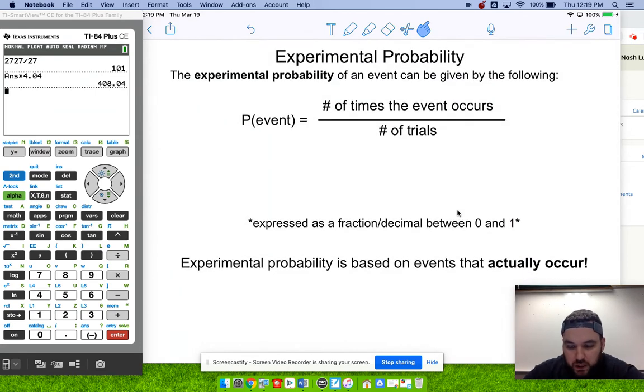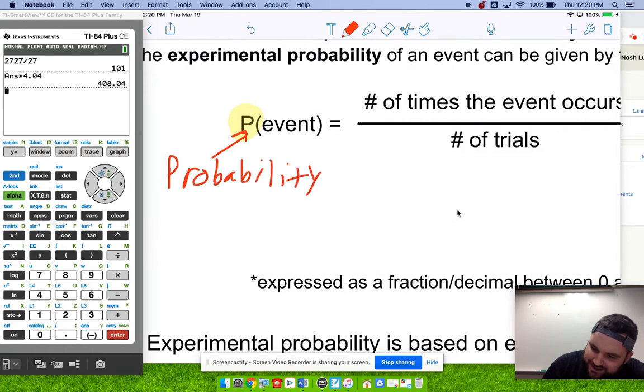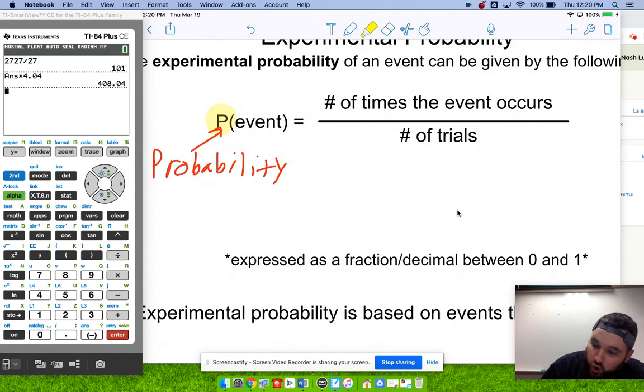We're going to start with experimental probability, and experimental probability is just that: the numbers that come from an actual experiment that you conduct. For the experimental probability of an event, we use the letter P to stand for probability. Probability is always written as a fraction, at least to begin with. The numerator, or the top of the fraction, is the number of times the event occurred.